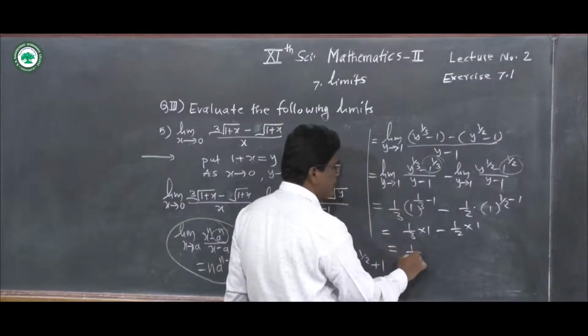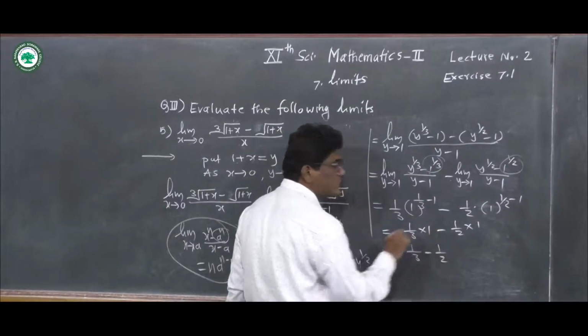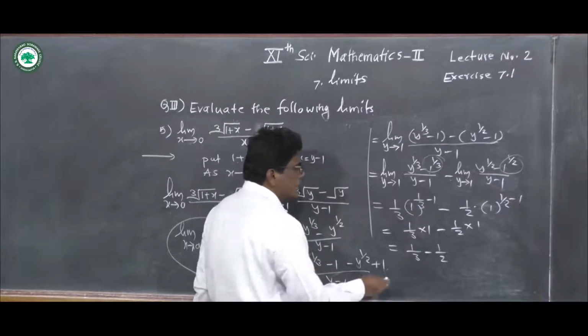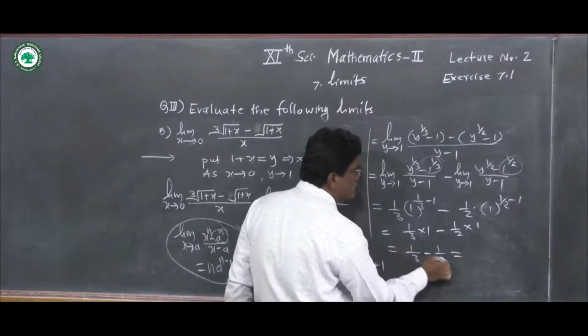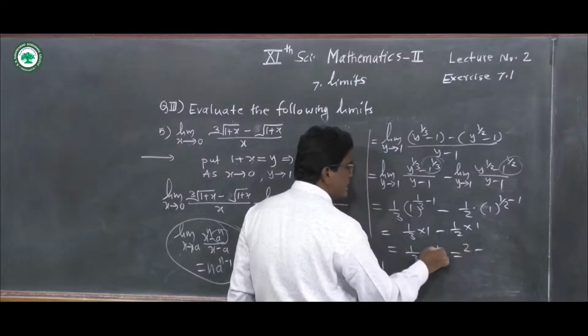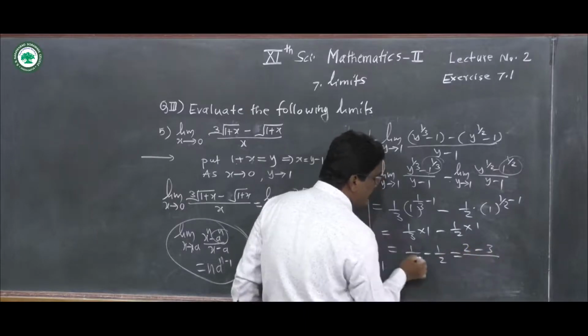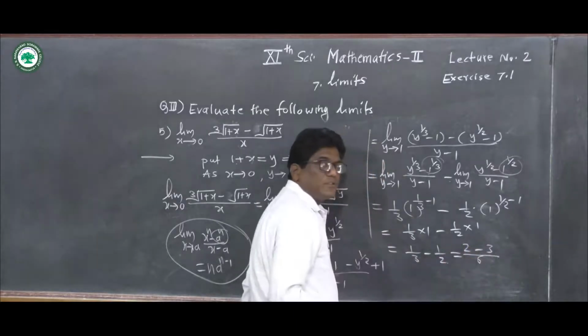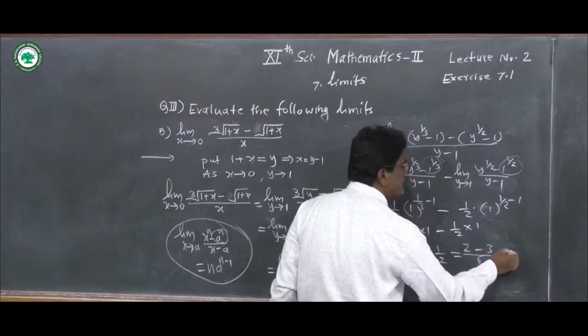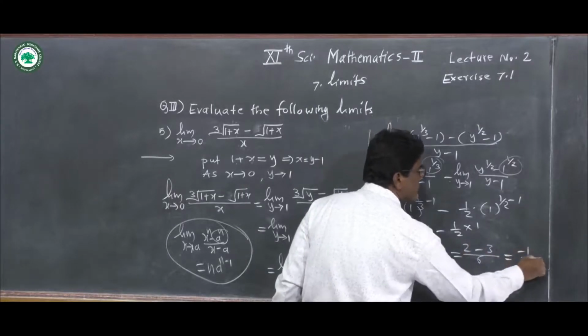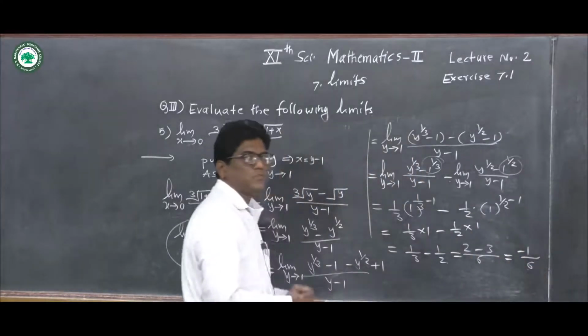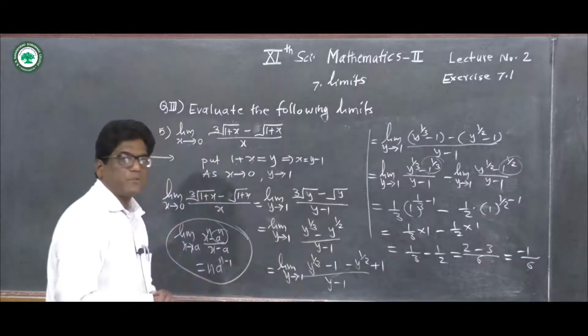So we get here 1 upon 3 minus 1 upon 2. Now it is equal to 1 into 2, 2 minus 3 into 1, 3 divided by 2 into 3, 6. So it is equal to 2 minus 3, it is minus 1, so minus 1 upon 6. This is the solution for this fifth problem.